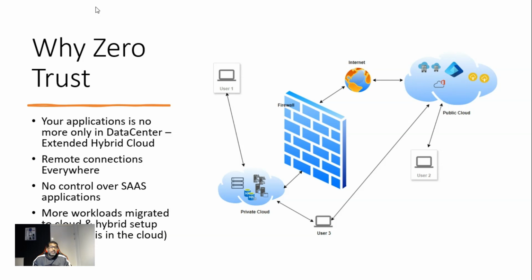As a result, there are a lot of remote connecting users. And you have SaaS applications which are utilized. For example, let's talk about Microsoft Teams, which is provided by Microsoft. It's one of the SaaS software which is consumed from the Microsoft cloud.